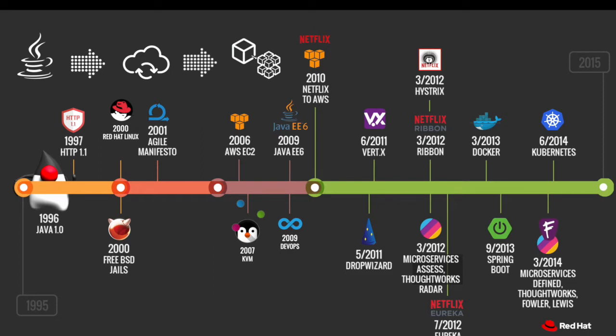Back in 2006, Amazon launched the first public instance, like a virtual machine, which means that startup companies or even enterprise companies could use the service Amazon provided without purchasing new infrastructure hardware. In 2009, Java 6 came up, with a lot of big changes to develop enterprise applications quickly and easily, like EJB, etc. In 2013, Docker containers and in 2014 Kubernetes came up to change the world.